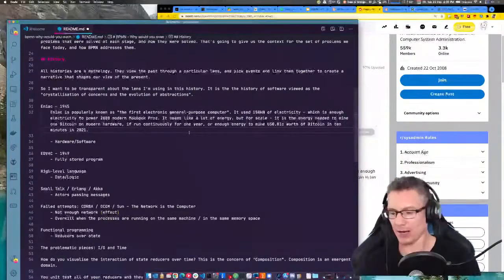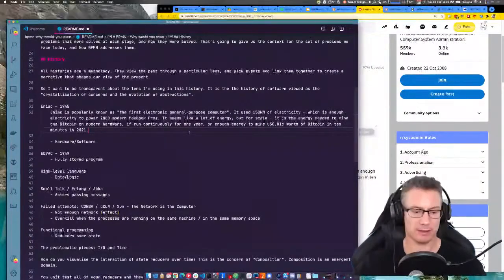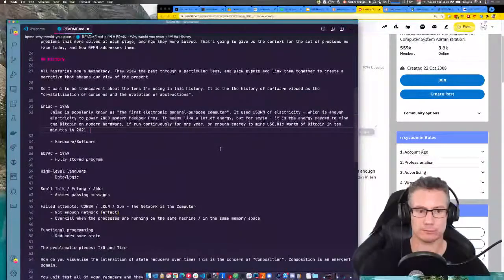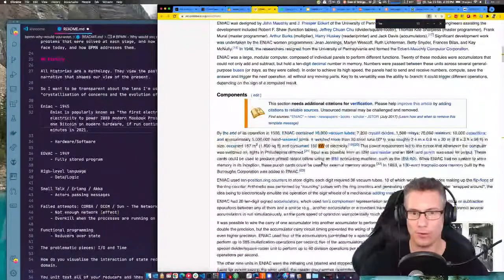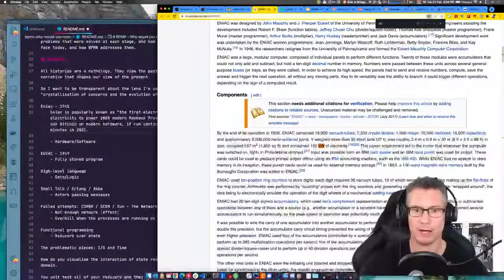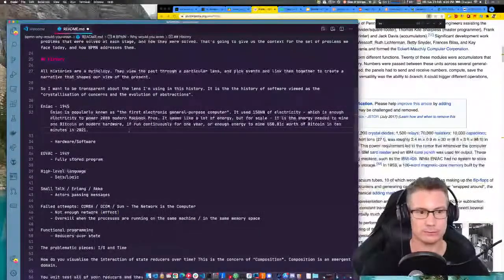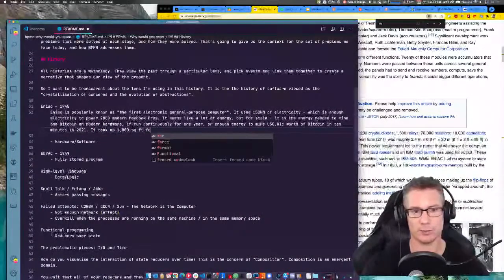A Bitcoin mining farm is probably the same size as the ENIAC computer. Let's have a look at how big it was. It occupied 1,800 square feet.